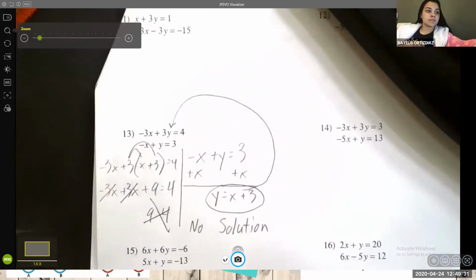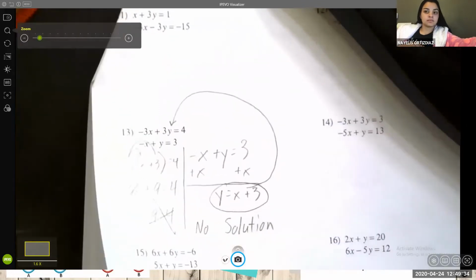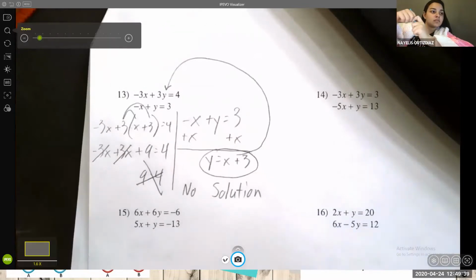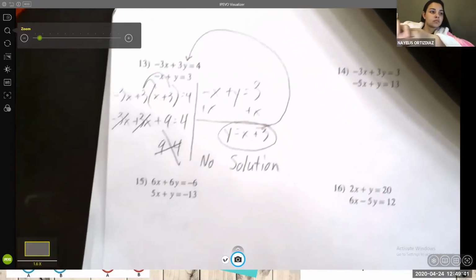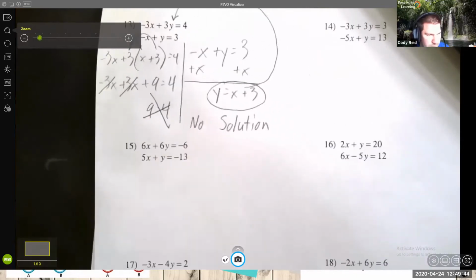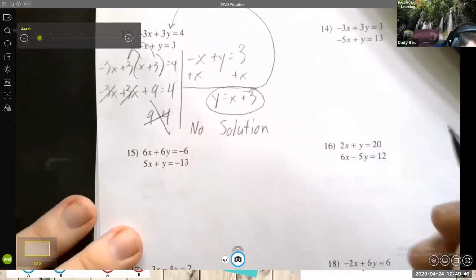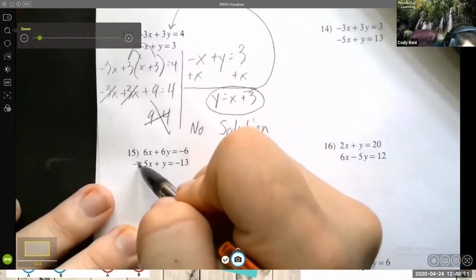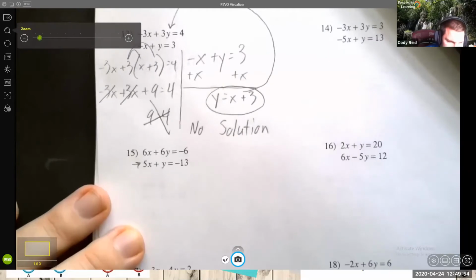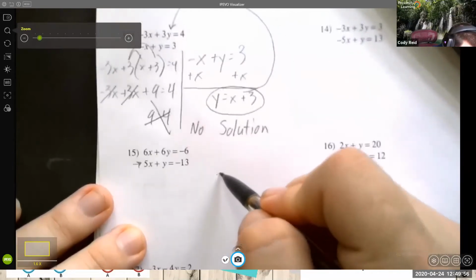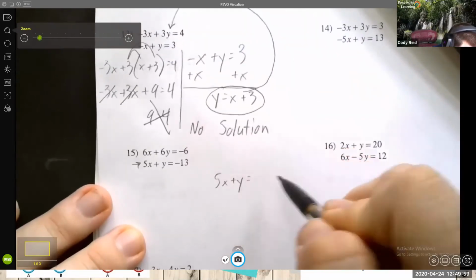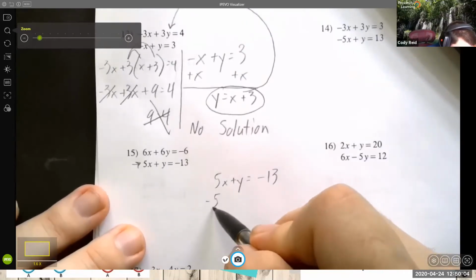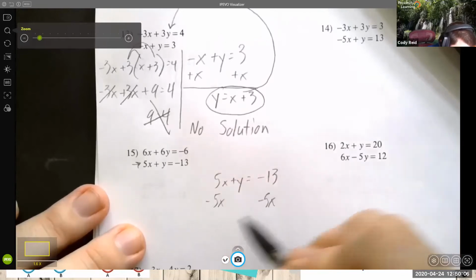So I'm going to take a look at 15, because 15 has an answer. All right, same thing for 15. I'm going to get this equation's y by itself. So 5x plus y equals negative 13. I'm going to subtract 5x because I want to get y by itself.